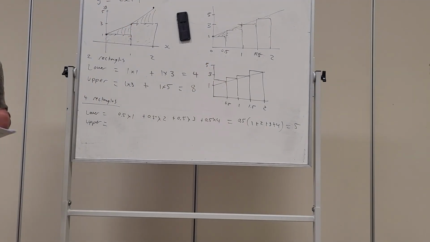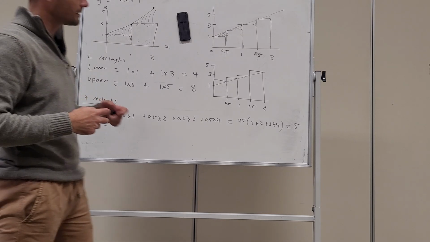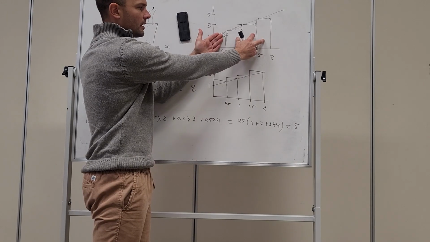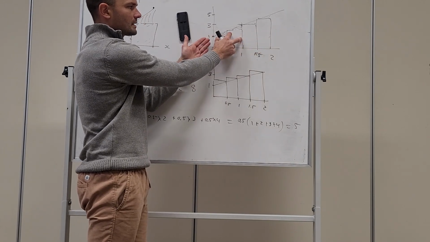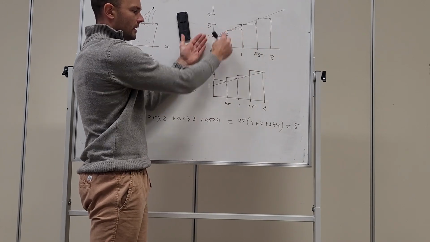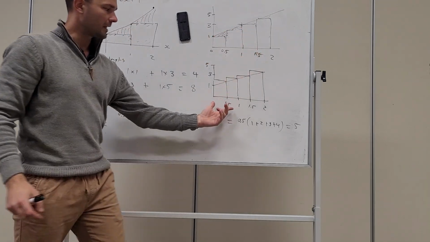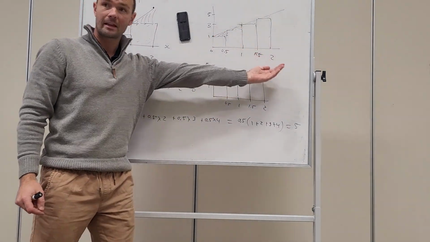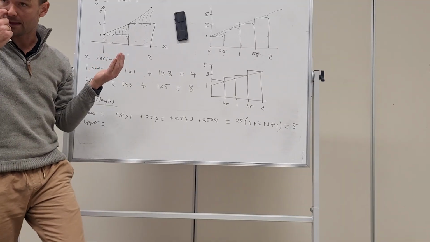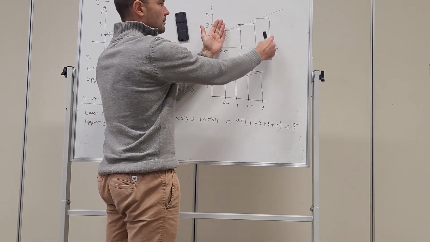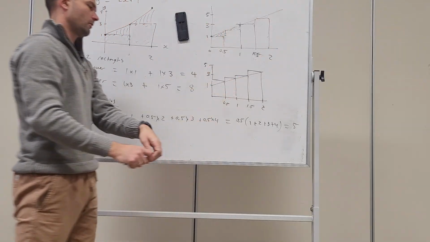Okay, what I want to point out about the upper estimate compared to the lower estimate is they're almost the same. There's something very slightly different to them. If you look at these 3 rectangles and move them across one space, that rectangle goes there, that rectangle goes here. All we're doing with the upper estimate is moving these rectangles across one space. Okay, so that means we've got this part of the calculation plus another rectangle there, right?